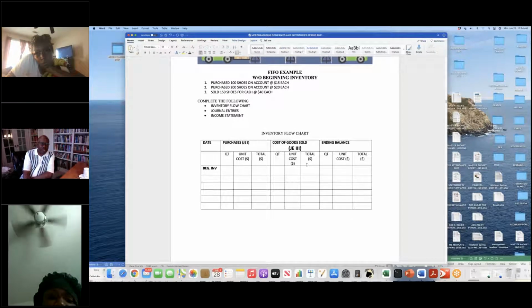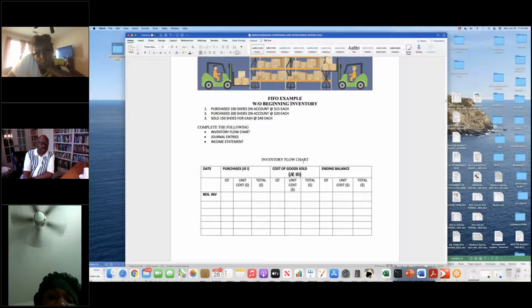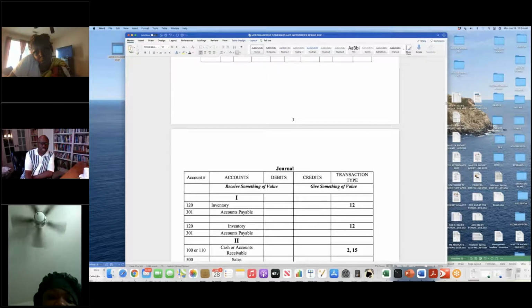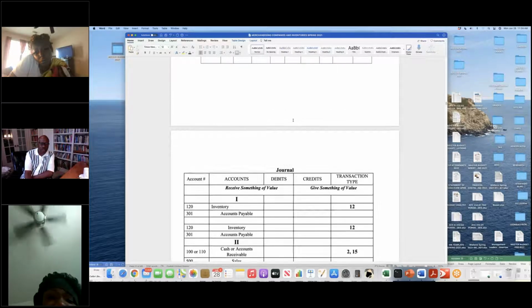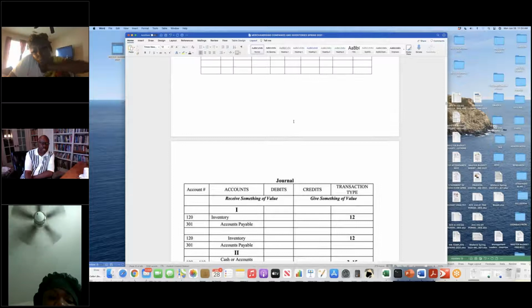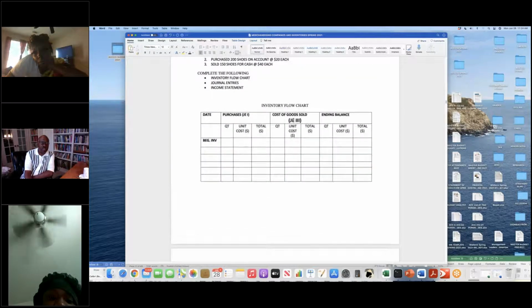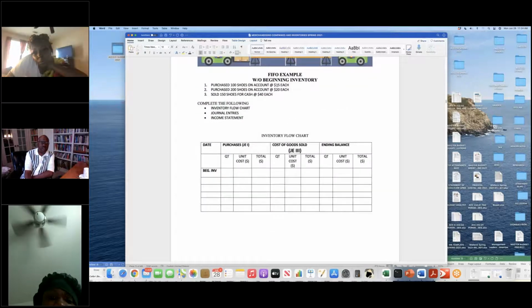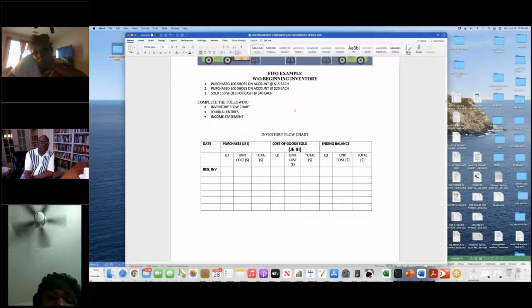Okay. So let's look at this situation where we purchase 100 pairs of shoes at $15 and 200 pairs of shoes at $20. We first make our journal entry 1. If we purchase 100 pairs of shoes at $15, what's our total price?